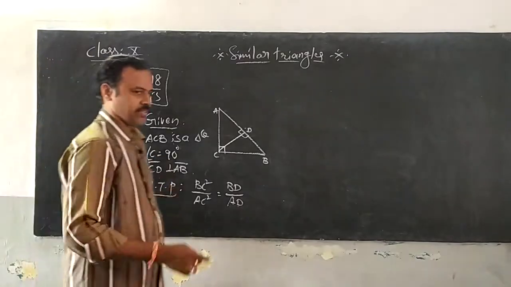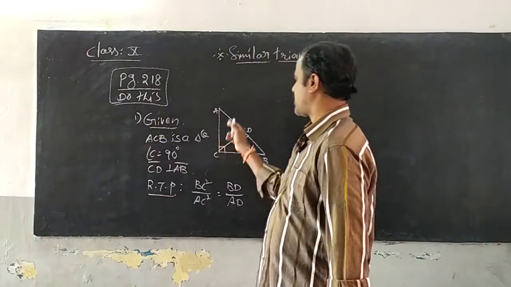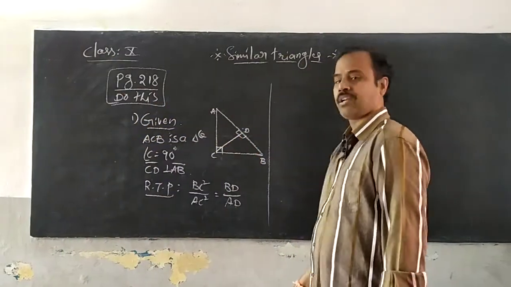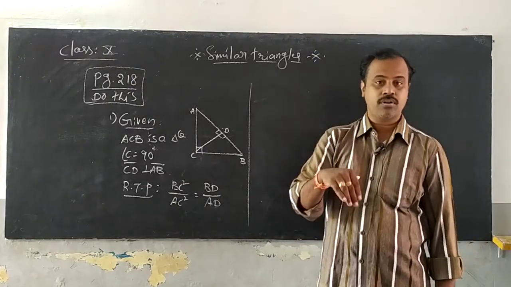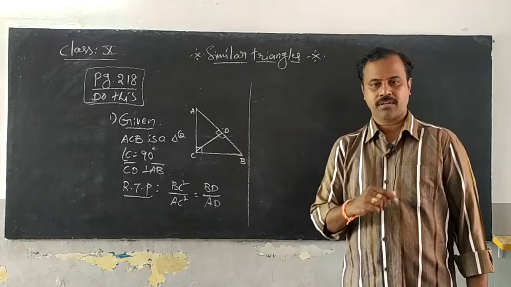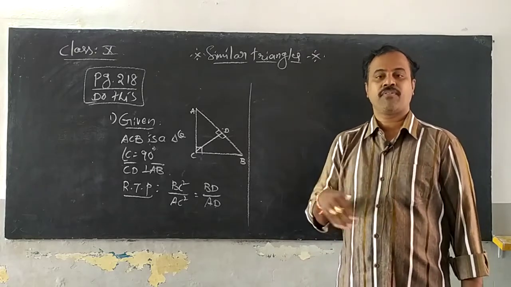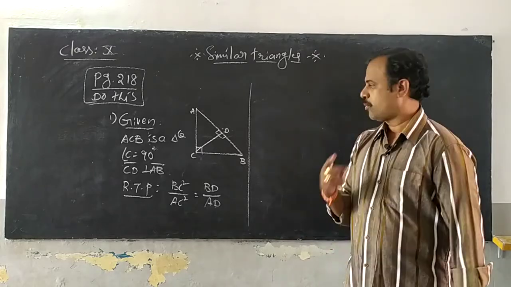Okay, right. See, whenever you see such a type of figure, you must be very clear to identify the theorem which we discussed before Pythagoras theorem. You remember? Okay, what is the theorem?